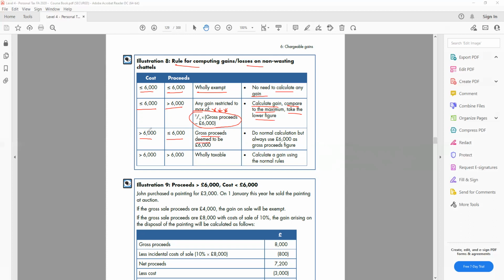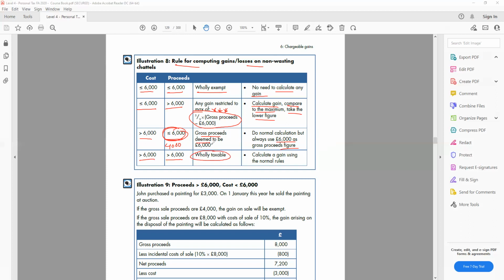Even if the sale is 4,000, you still treat it as 6,000 because the cost is more than 6,000. The difference will be a loss. Do the normal calculation, but always use 6,000 as the gross proceeds figure. Any loss you can carry forward. Finally, the last one: cost more than 6,000 and sales more than 6,000 is wholly taxable.